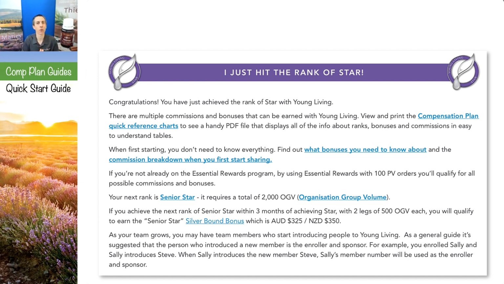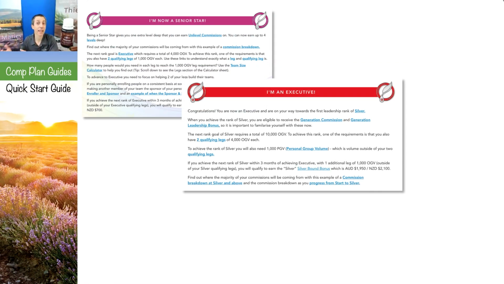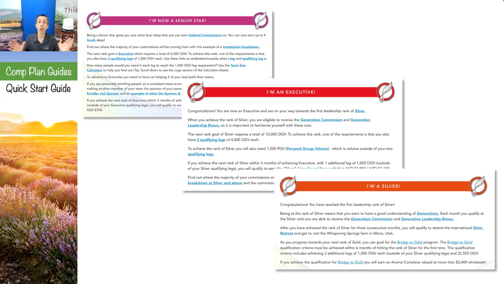The rest of the sections from there on look at Senior Star, Executive, and Silver. You're more than welcome to look ahead and learn more, but it really helps to clarify what you need to know at different points along your journey.